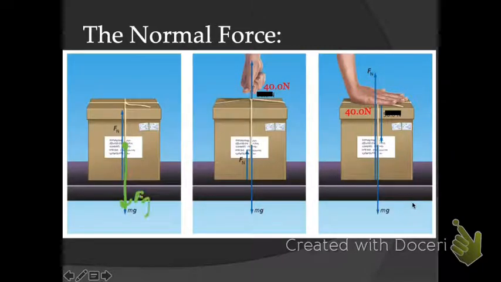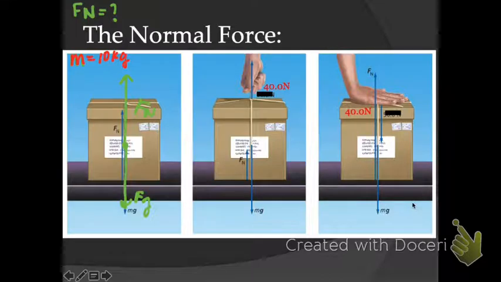I've got a gravitational force, and I have a normal force. Can you guys see that? For all of these scenarios, I'm going to solve for Fn. I'm going to say that my box has a mass of 10 kilograms in all of them.